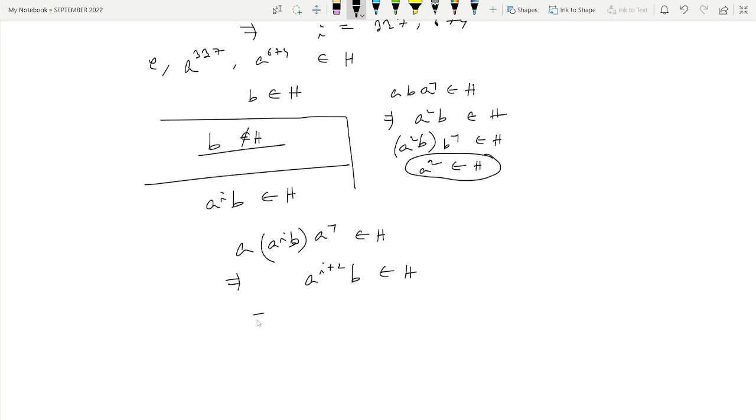And also we have from this that a to the power I B belongs to H. Then it implies that if for some I a to the power I belongs to H, then all a to the power I plus 2B belongs to H, then H will contain more than 6 elements.